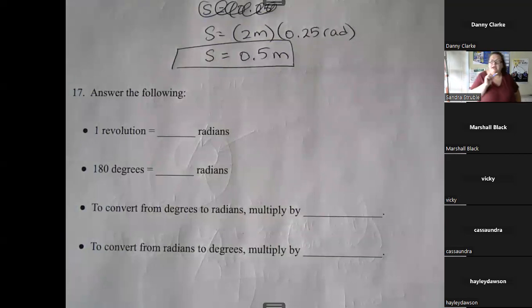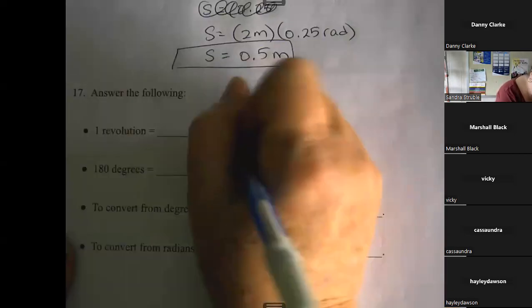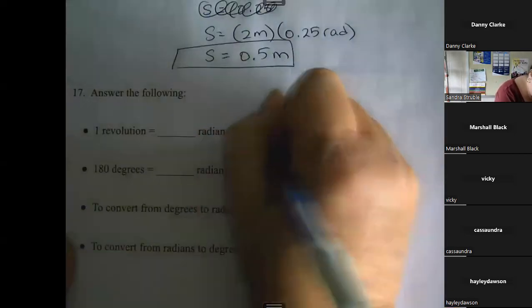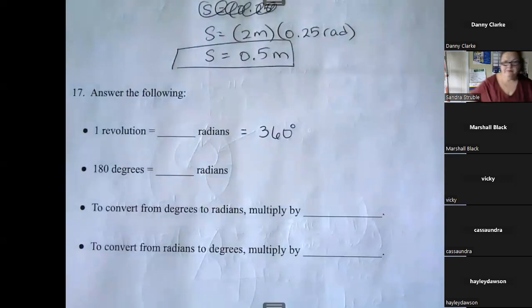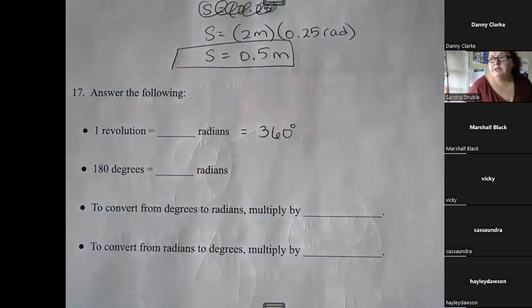We had the initial side on the positive x-axis, and when the terminal side went all the way around and back to it, that was 360 degrees. We know one revolution is equal to 360 degrees. But the new part of this is that one revolution is equal to 2 pi.